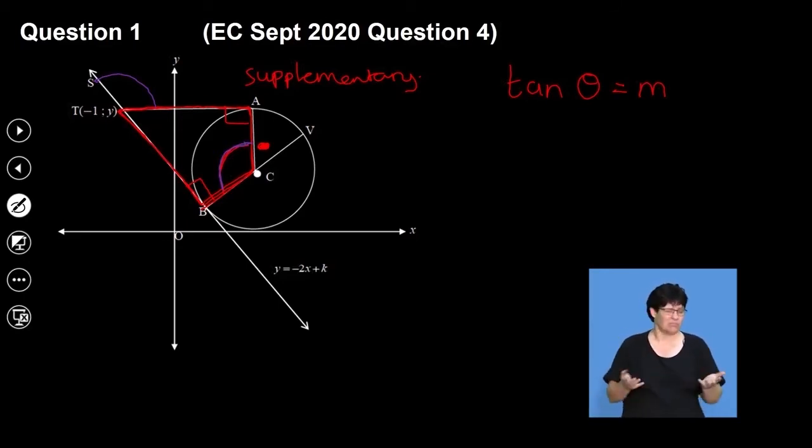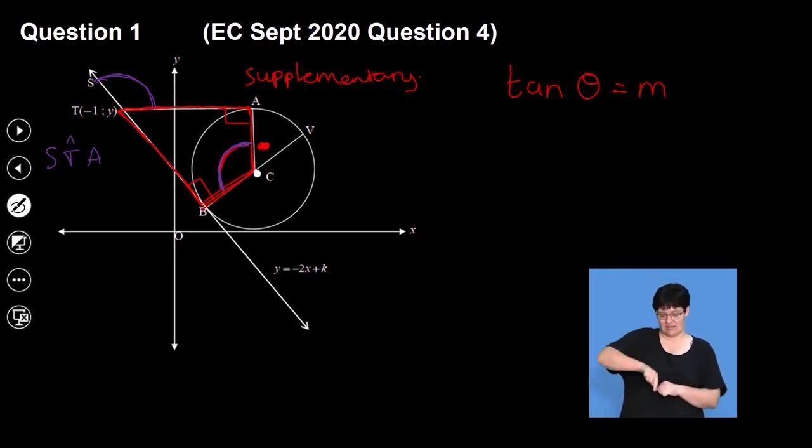So in other words, if we can find the size of this angle over here, angle STA, then we have effectively found the size of angle ACB.